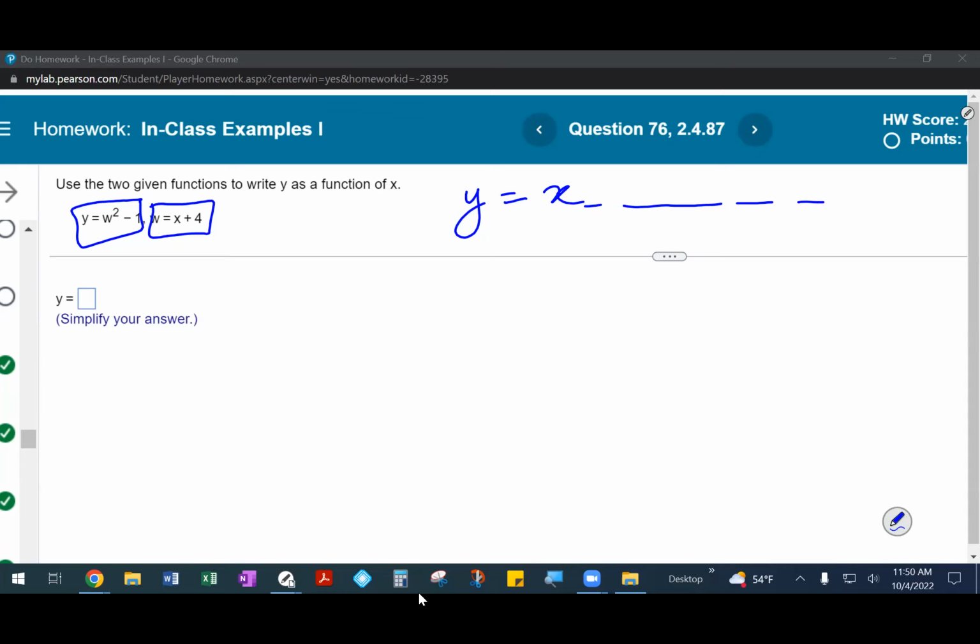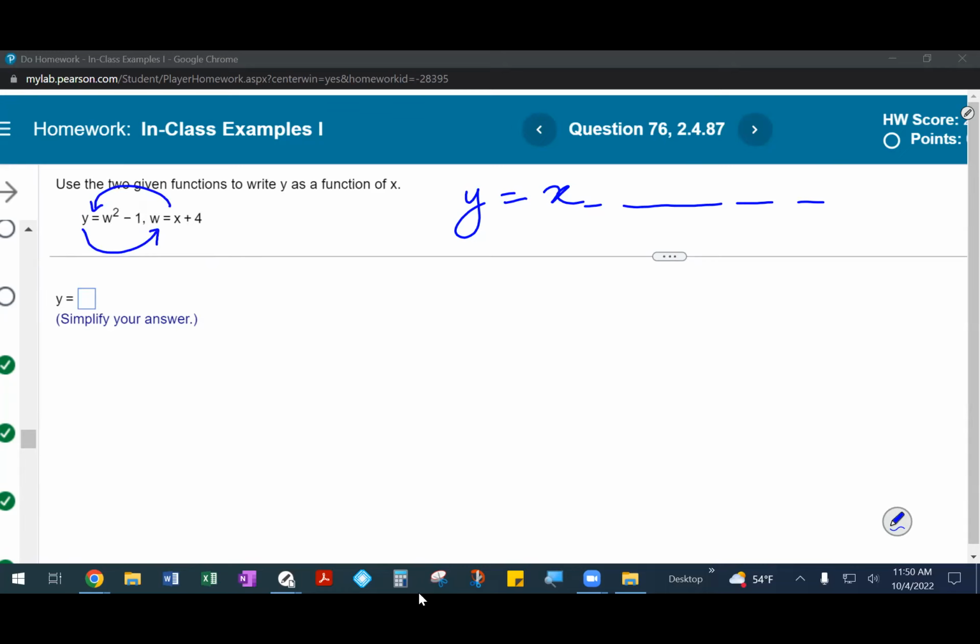So how do we combine these two so that y equals something in x? Do you put this guy inside this one, or do you put this guy inside this? Which direction do we go in? Would you put the y inside the w?